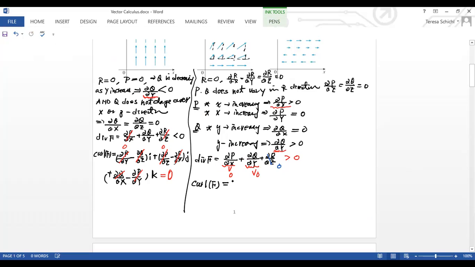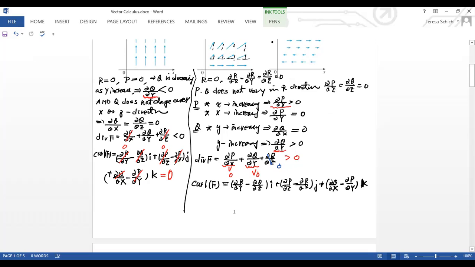We have ∂R/∂y minus ∂Q/∂z, this is i, then plus ∂P/∂z minus ∂R/∂x, this is j, then plus ∂Q/∂x minus ∂P/∂y, to the k, right?